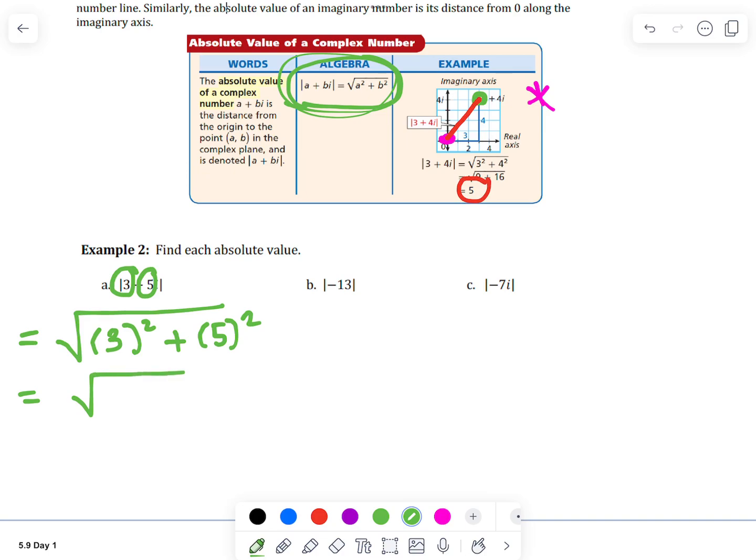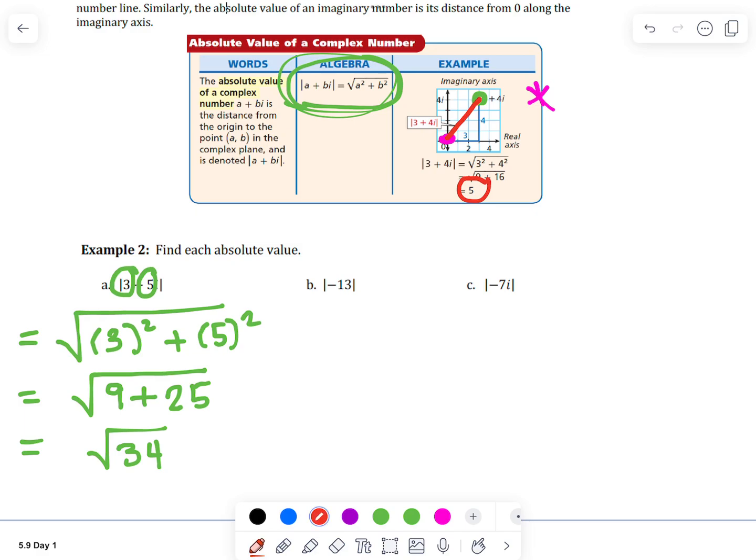We simplify underneath the radical, so we square the 3, which is 9. We square the 5, which is 25. And then we just go ahead and add those numbers together to give you the square root of 34. You do not need to enter that into your calculator and simplify it any further. Exact form is fine for us.